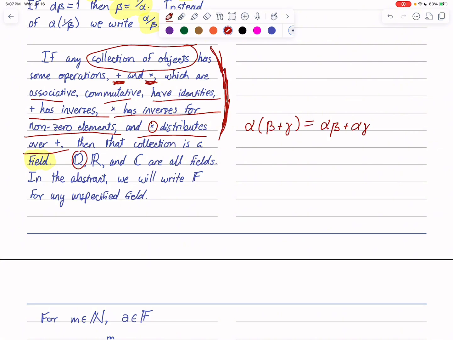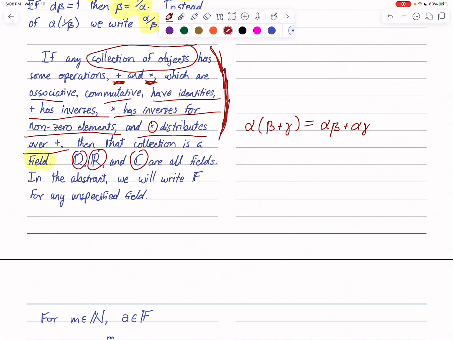We can add rational numbers, we can multiply rational numbers, addition is associative, commutative, and so on. It has all those other properties. So Q is a field. R, the real numbers, is also a field. I'm going to assume that that's familiar from a real analysis course or something. Well, here we're learning from all of what we've said so far that the complex numbers also form a field.